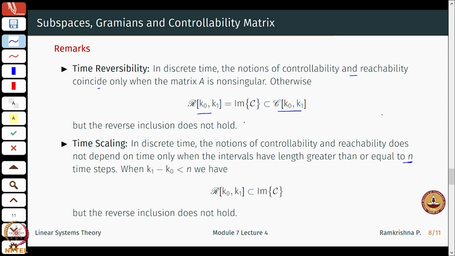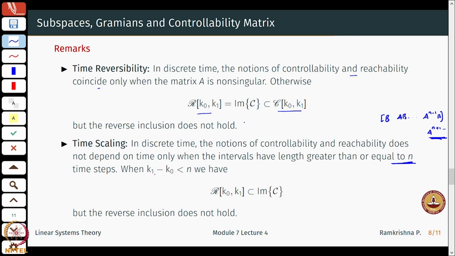If I again look at the n step controllability matrix, I have A^(n-1) B. So, what happens when I look at time n or n plus 1 and so on, this does not really contribute, right. This is what it means, that it does not depend on time only when the intervals have length greater than or equal to n. So, after n, any of those computations will not lead us to anything.